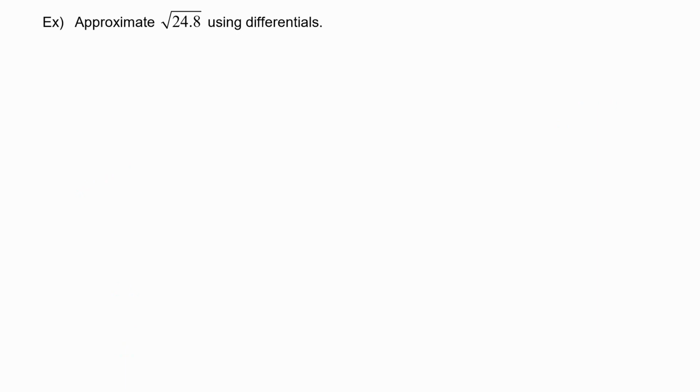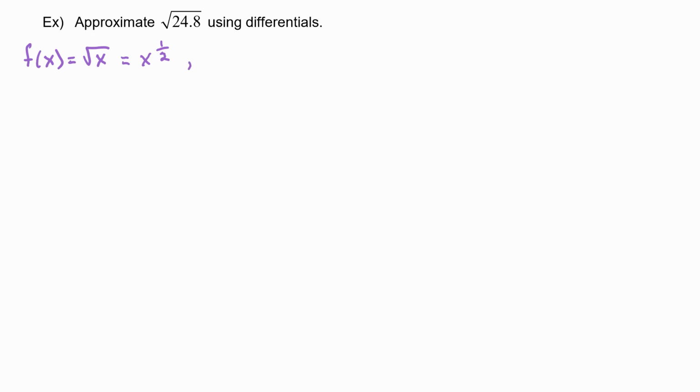In this example, we have to approximate the square root of 24.8 using differentials. So then our f of x is going to be the square root of x, which of course is x to the 1/2, because we're trying to find the square root of this value.